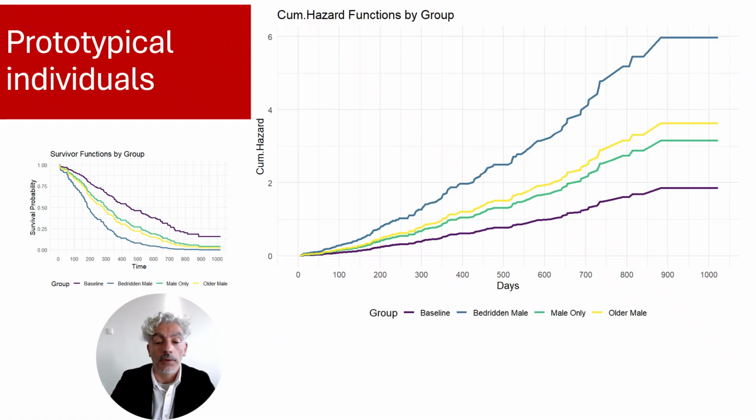It might be interesting to also look at the changes in the rate of the cumulative hazard function for bedridden males. Inspecting those types of graphs can be very valuable in giving better intuition and a clearer understanding of what the model is suggesting, what the model is showing.